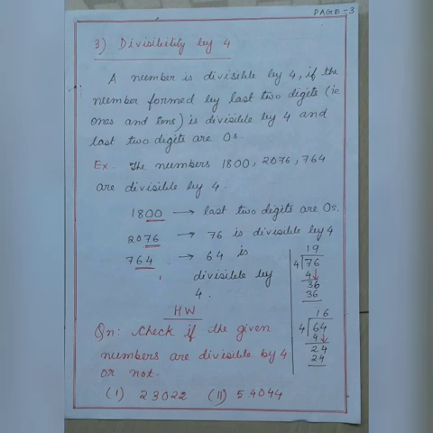We shall check the last two digits. If the last two digits are zeros, then it is divisible by 4. If the number formed by the last two digits is divisible by 4, then the whole number is divisible by 4.